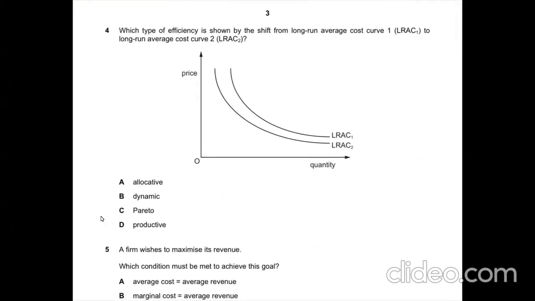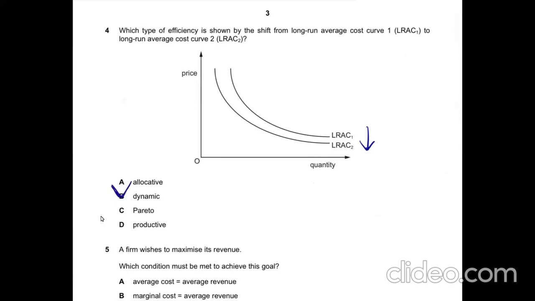Question 4, which type of efficiency is shown by the shift from long-run average cost curve 1 to 2? We can see that the cost is decreasing. So it can be explained with dynamic efficiency that is available to monopolies, big firms, with the logic of economies of scale.